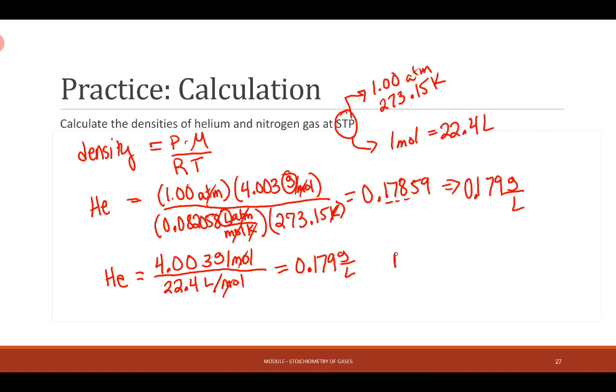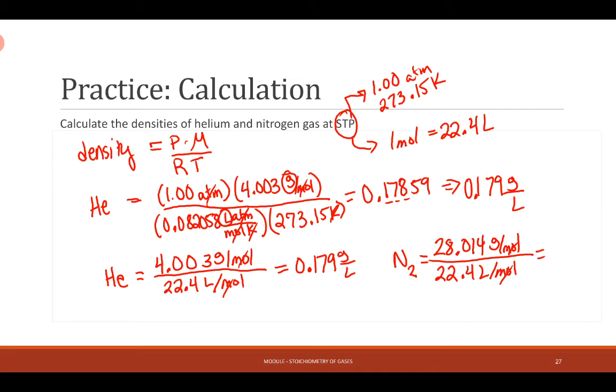Let's take that shortcut for our nitrogen gas. Nitrogen gas is diatomic, and so its molar mass is twice 14, which is 28.014 grams per mole. And at STP, there will be 22.4 liters per mole. Cancel out the moles, left with grams per liter.